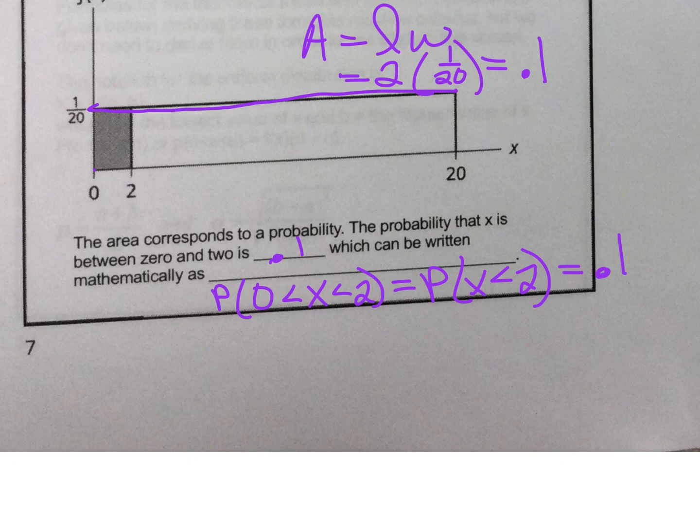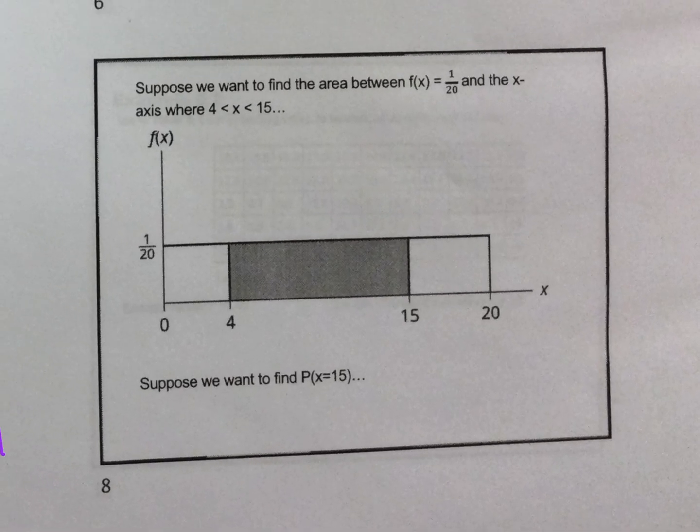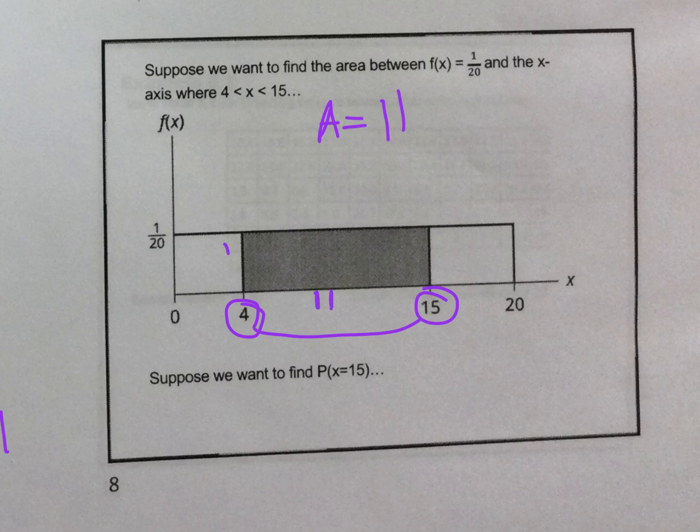All right, so we're going to do another one. I didn't mean to turn the page. It's right over here. So here's the same thing. Area equals length, which is 11, okay? Between 15 and 4 is 11. So that line, that is 11. This is 1 over 20.